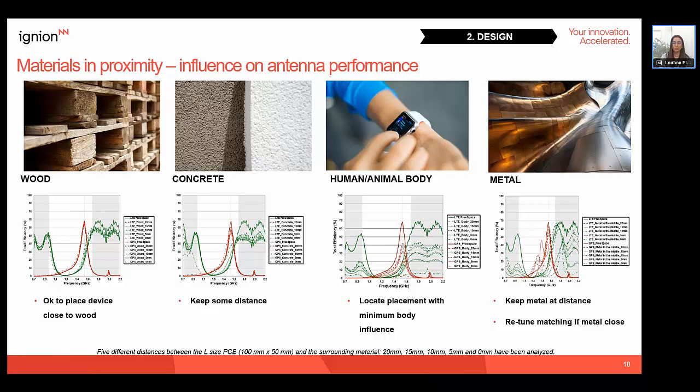So we can also, through the matching network and the tuning process, face this shifting, this degradation of the signal. It's true that metal is like kryptonite for antennas, but we can somehow deal with this impact. As you can see in these graphs, it's not the same having a piece of wood or having the impact of a human or animal body. So, very important: the material also affects the antenna response.